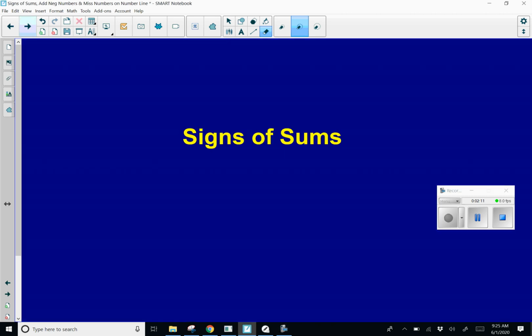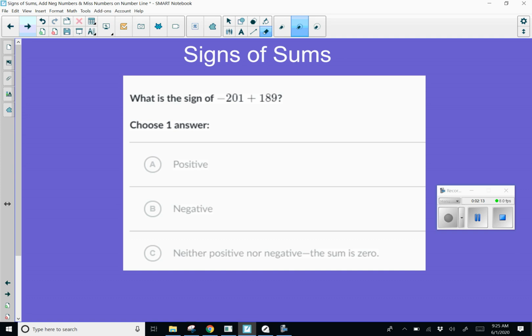Okay, so let's start with signs of sums. So it says, what is the sign of -201 plus 189? Now, we haven't gone over the integer rules yet, but the way I like to describe this is, think of if you were to use a balance scale like you would in science class.